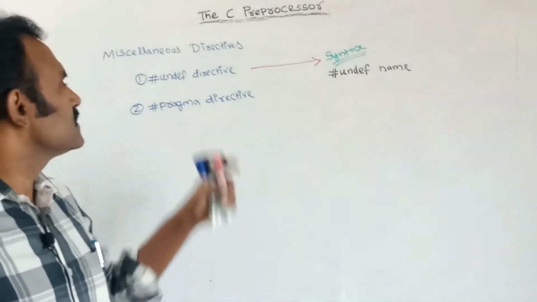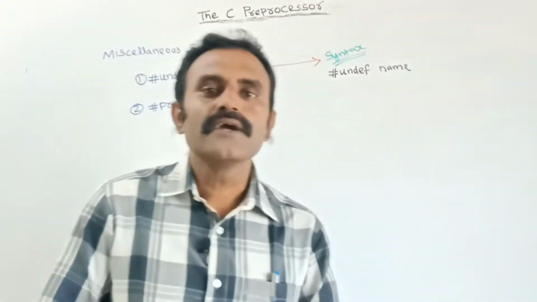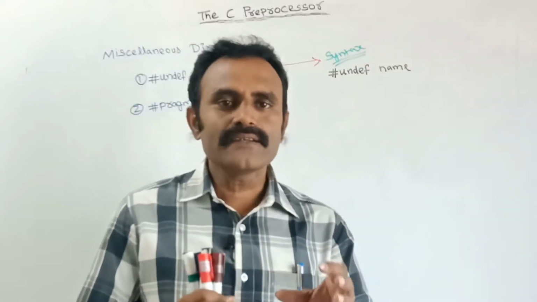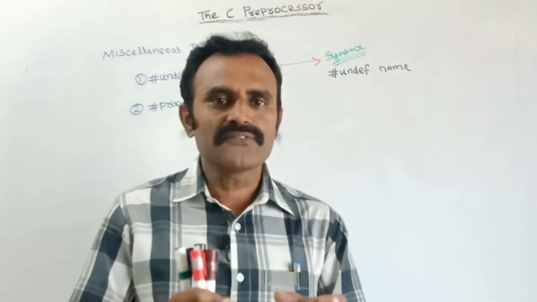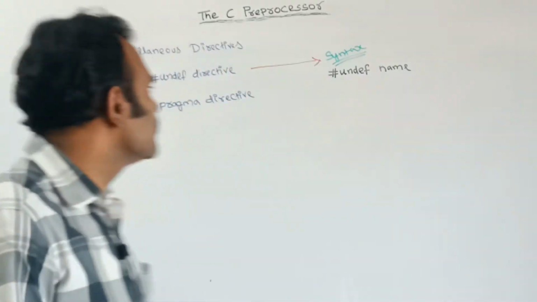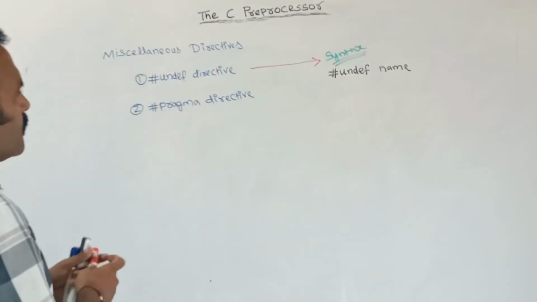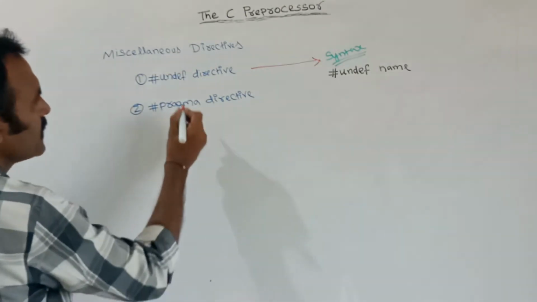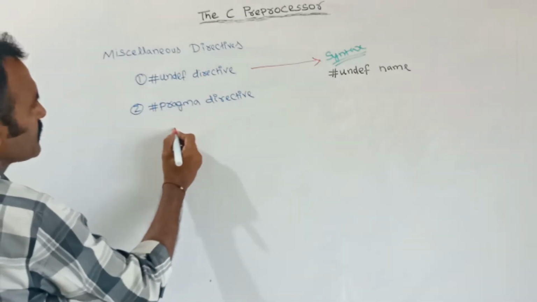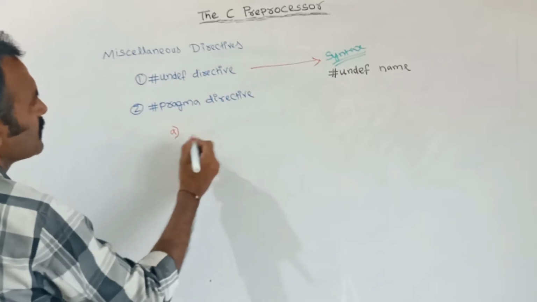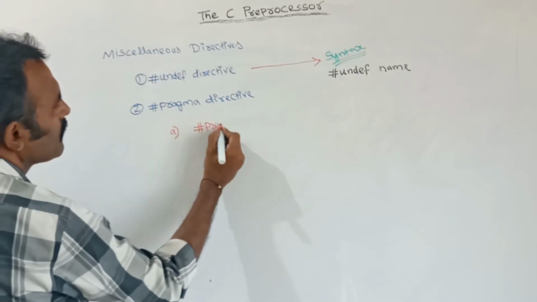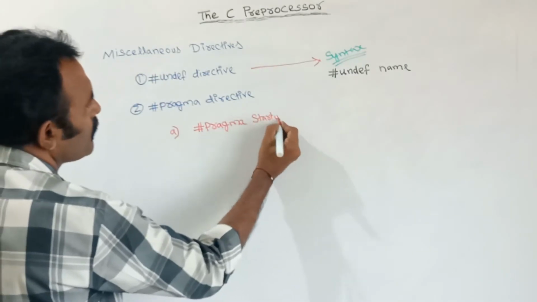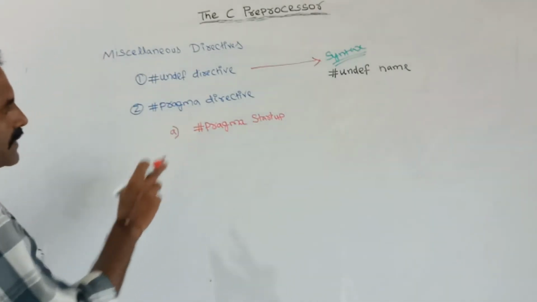Next one, this pragma directive. For what purpose are we using this pragma directive? With the help of this pragma directive we can turn on or off certain features. These directives come under the pragma directive. First one, pragma startup directive.